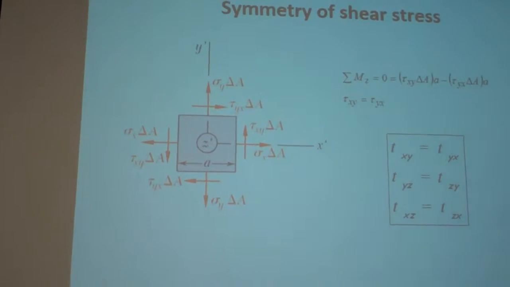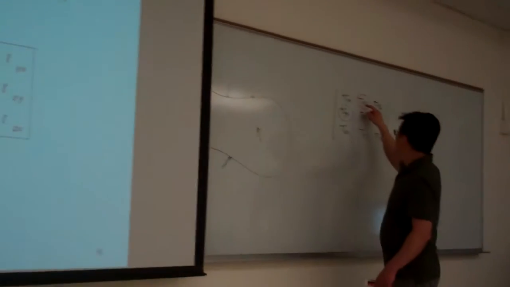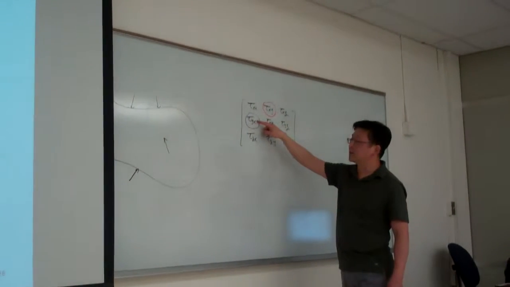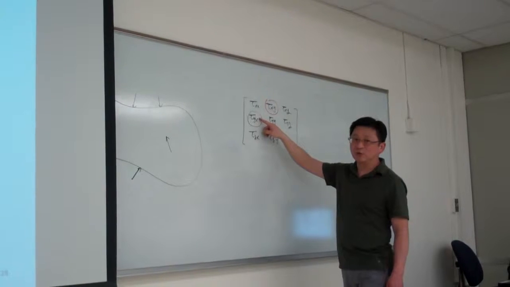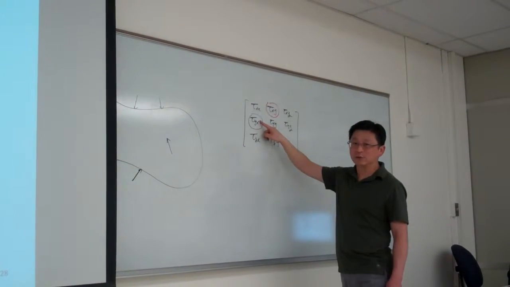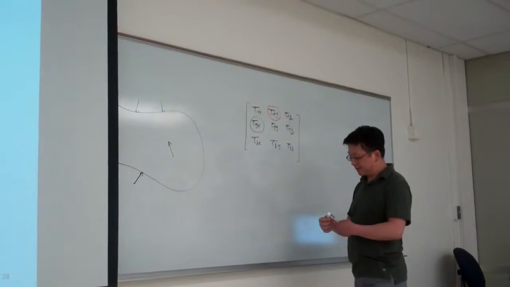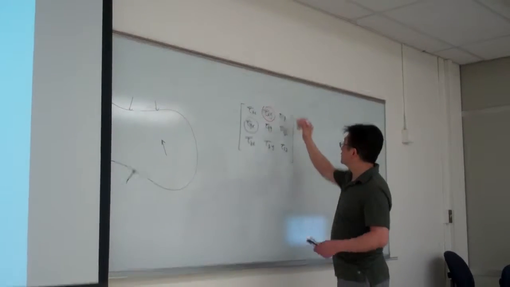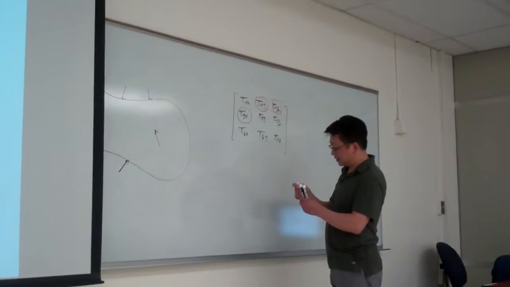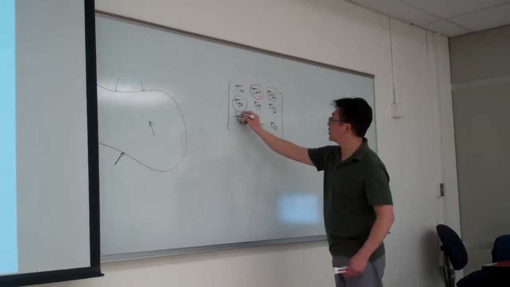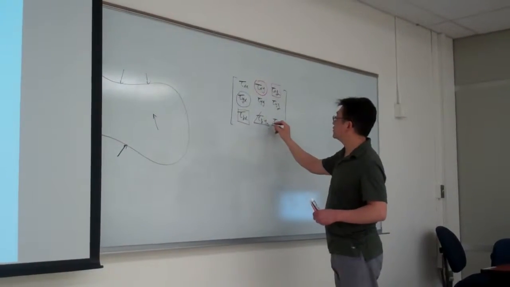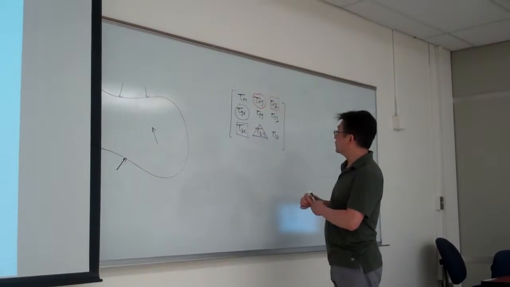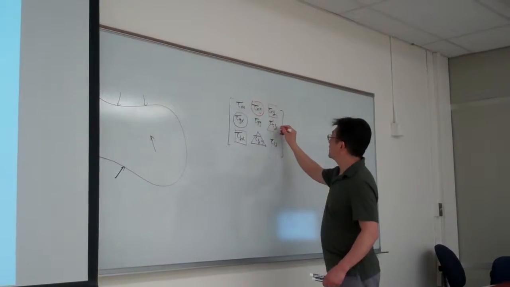Again, they are different entities, but in magnitude they must be equal to maintain static equilibrium. The same thing here: the magnitude of this entity must be equal to this one, and this magnitude should be equal to this one.